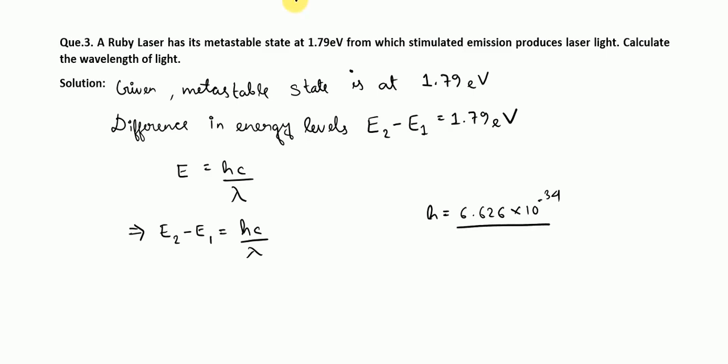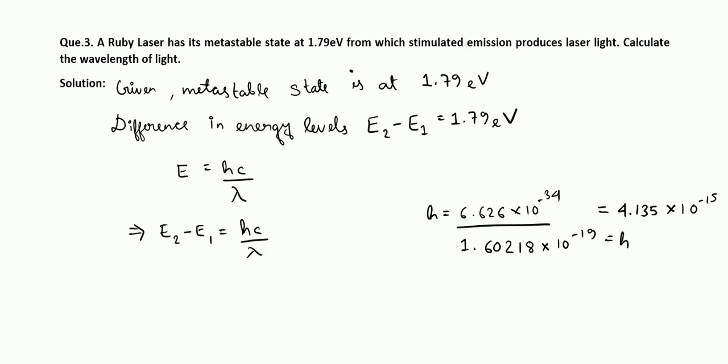So what is 1 eV? 1 eV is equal to 1.60218 into 10 to the power minus 19, which gives 4.135 into 10 to the power minus 15. So this is the value of H, the Planck's constant we will use in this equation.